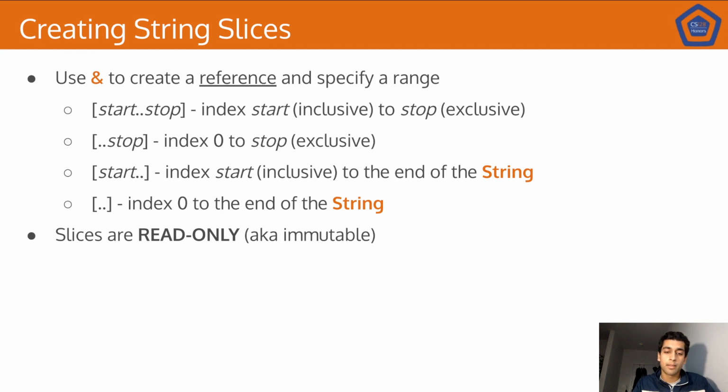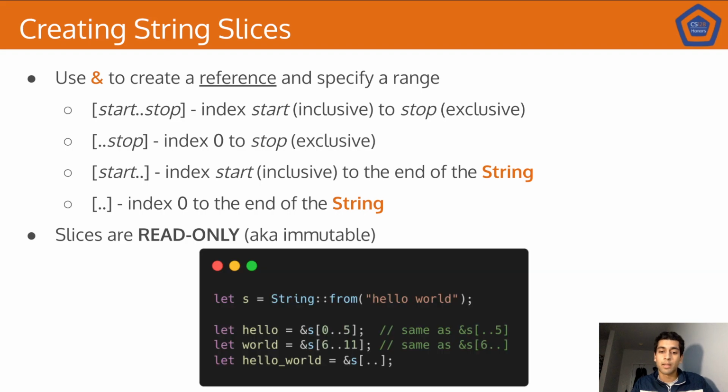So we had this string s, "hello world". We have the hello variable pointing to the characters hello. So we start at index 0 and end at index 5, exclusive. So 0 h, 1 e, 2 l, 3 l, 4 o, and we ignore 5 because it's exclusive. I want to note that this is the same thing as not specifying 0, so just dot dot 5.